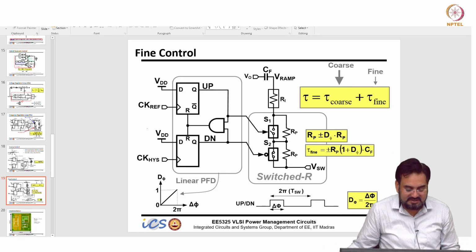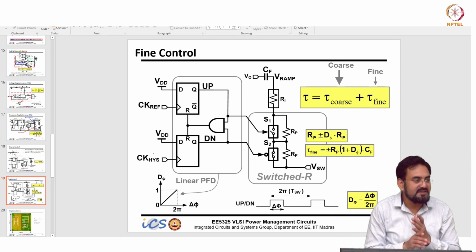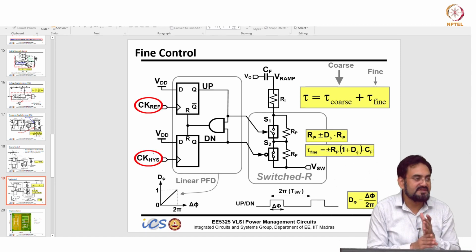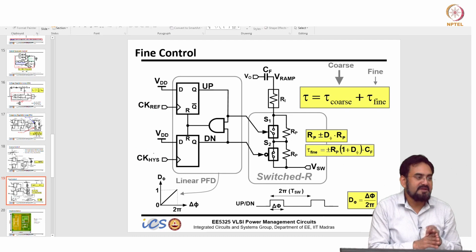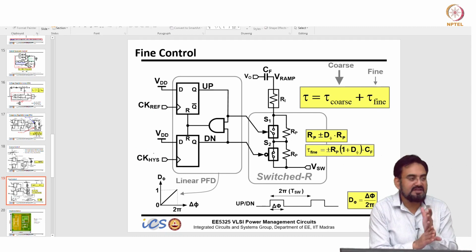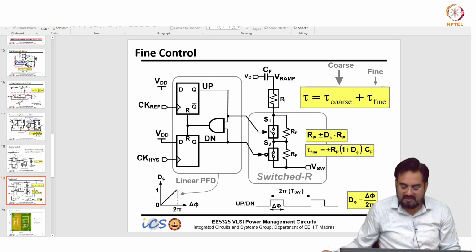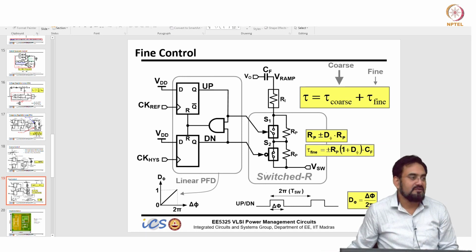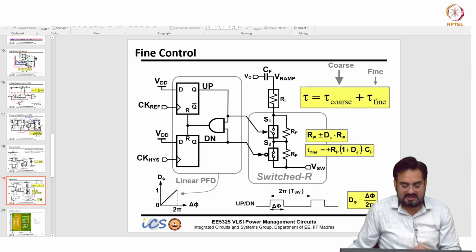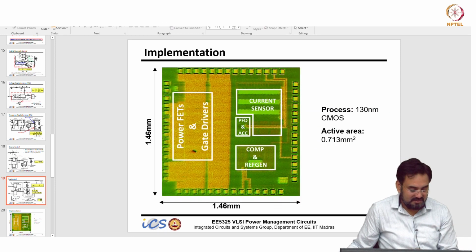So you can say these two clocks will lock in frequency, but not in phase. I mean when I say lock in the phase, their edges will not be aligned, they will be slightly shifted because of this fine control, because you require that to correct for that extra error which is coming from your DAC or coarse control.